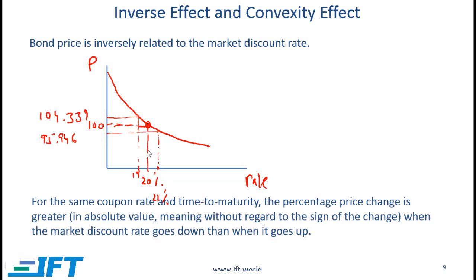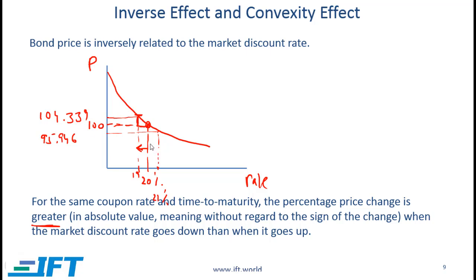What about the convexity effect? For the same coupon rate and time to maturity, the percentage price change is greater when the market discount rate goes down than when it goes up. And that is visually depicted over here. When the market rate goes down by 1%, the price goes up by 4.339%.